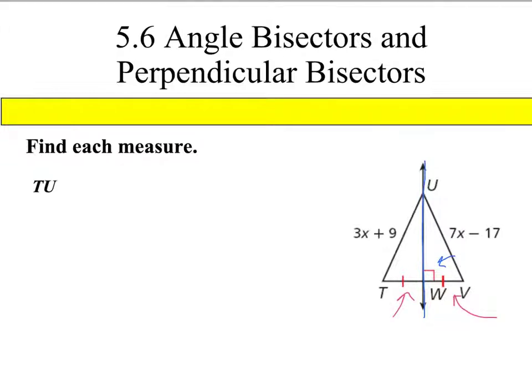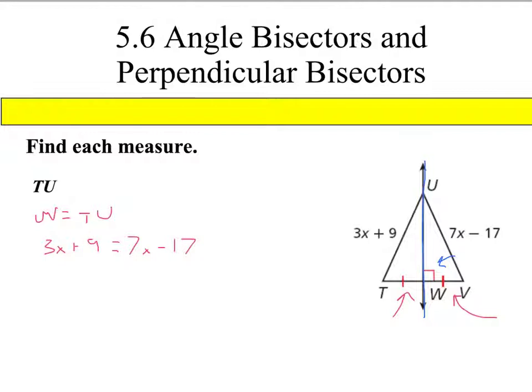Because those are segment marks, it is a perpendicular bisector, which now tells me that UV is going to be equal to TU, which tells me that 3x plus 9 is equal to 7x minus 17.